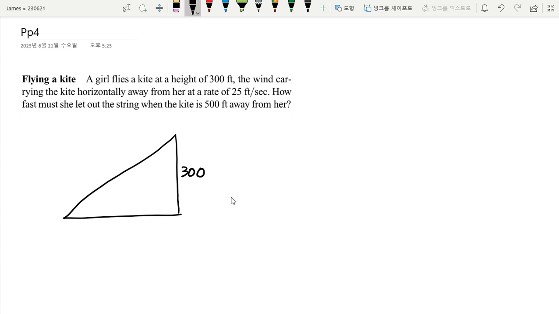Okay. So let's say this is x and the length of the string is L. So this means the horizontal change in distance is 25. And once again, we can make the Pythagorean theorem.